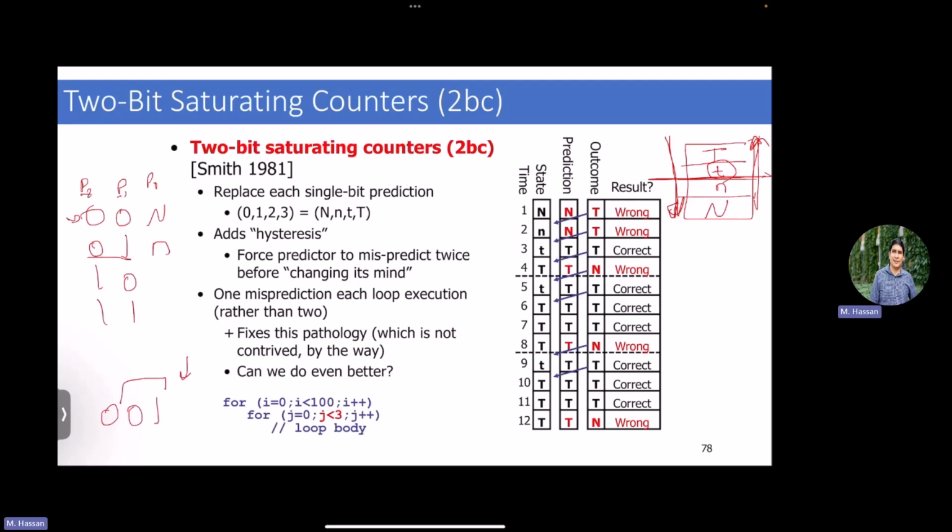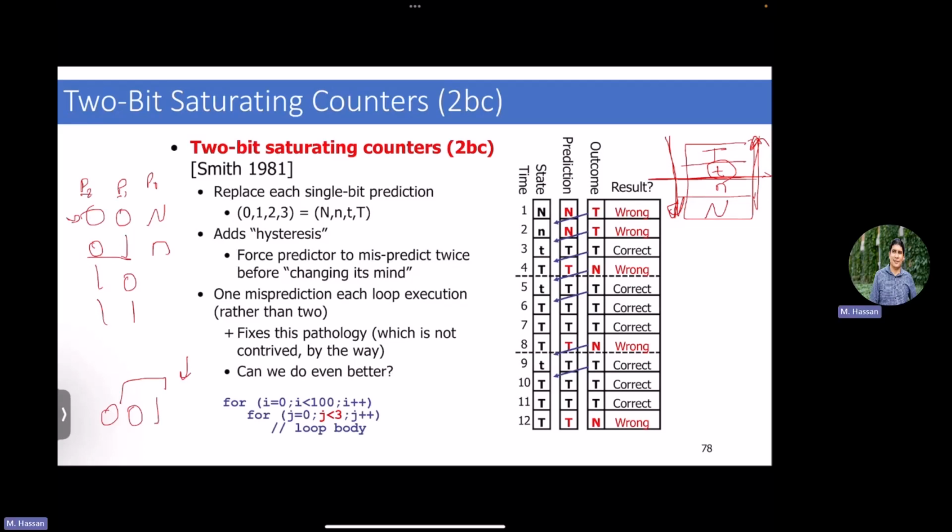So let's see how this really works in our previous example. So I just put the code back in to remember it. So I start with the same starting state, not taken, not taken. Now the actual outcome of the J was taken. So I turned out to be wrong. But I don't switch immediately. So in that case, I switch to small n, right? If you switch to small n, your prediction will still be not taken because you are still in this territory, right?